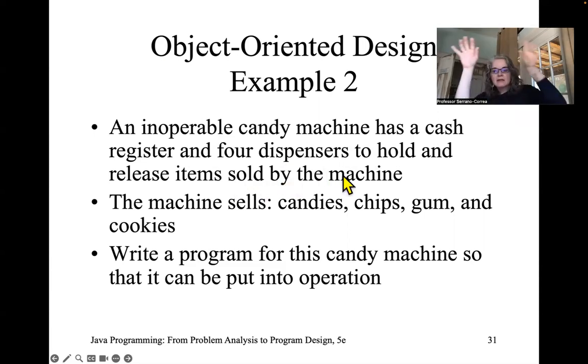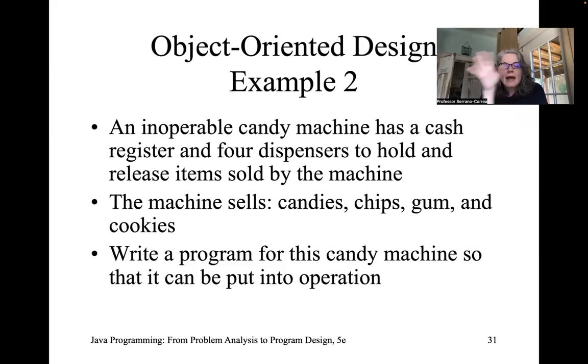So think of a candy machine, and you know, in the candy machine, like you can get candy, gum, chips, and each one of those, the one that holds all the pretzels, that is one dispenser. The one that holds all the gum, that's another dispenser. The one that holds all the chocolate candy bars is another dispenser. So this one has 4 dispensers. That's it, just 4 dispensers.